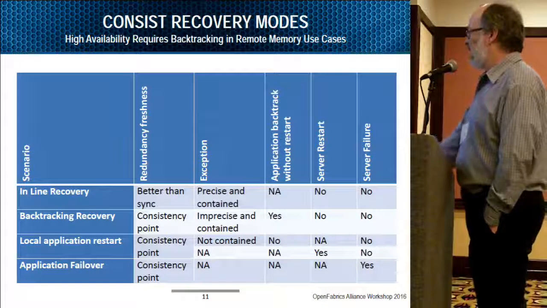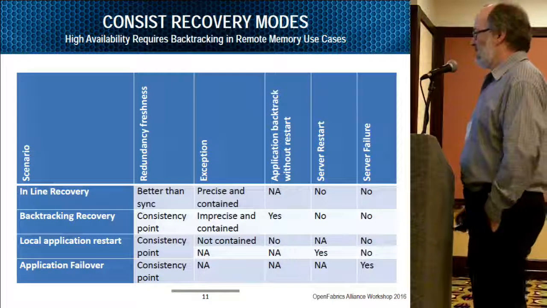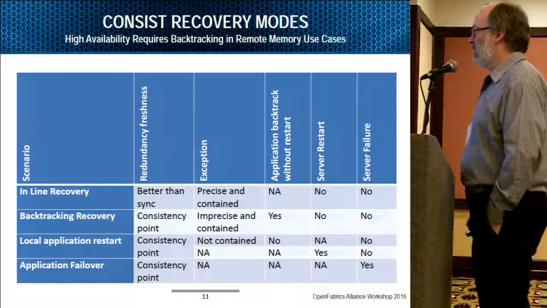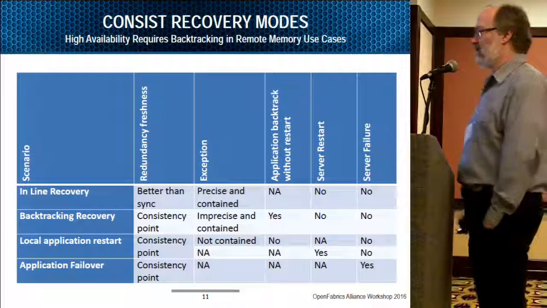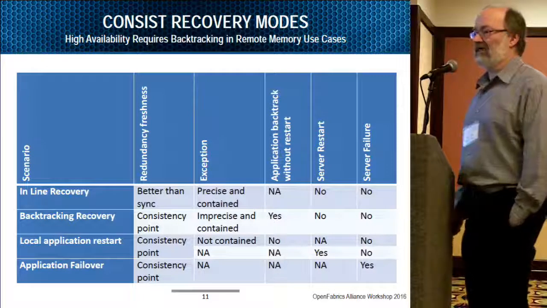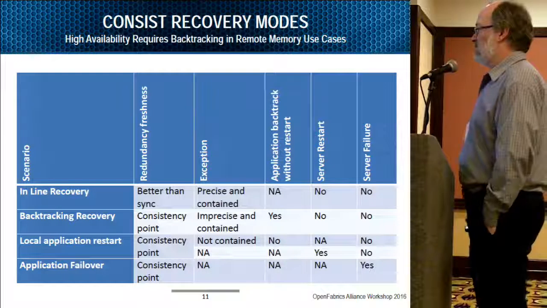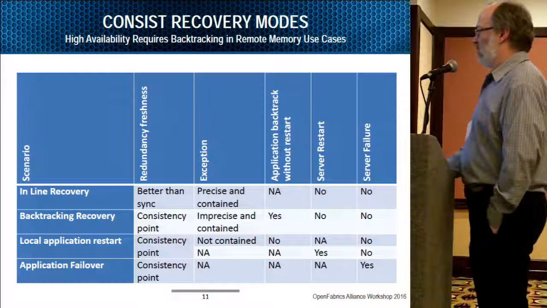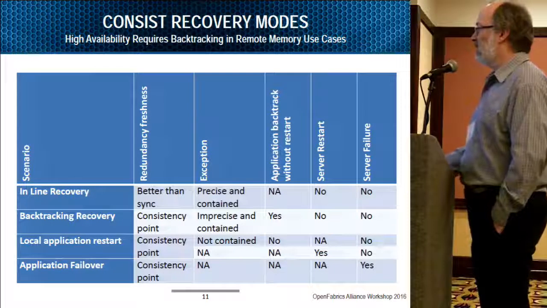When can I do backtracking? That depends on what kind of exception I have. Precise exceptions are those where you know what instruction experienced the error, and contained exceptions are ones where you know what memory address experienced the error. This is a slight oversimplification of the model, but you can imagine that you have to know both of those things if you're going to do inline recovery.